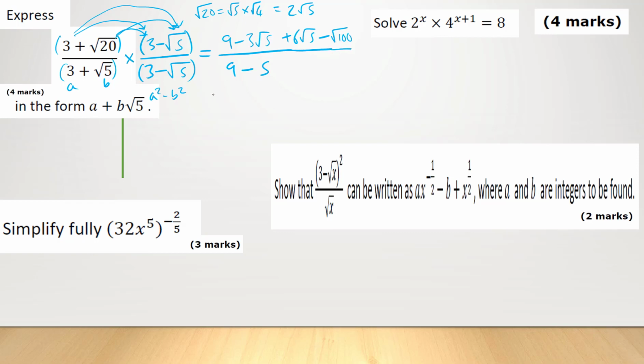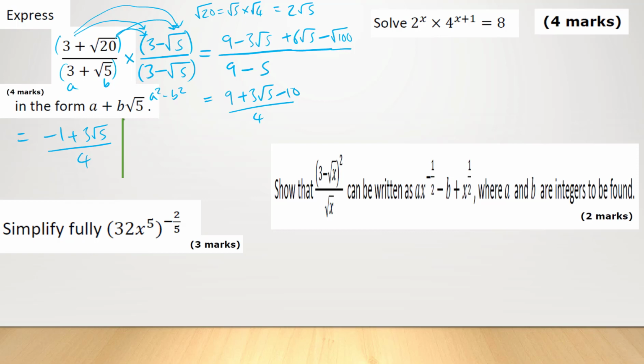So simplifying all of that, you're going to get 9 plus 3 root 5 minus 10 over 4. Now this is going to give us minus 1 plus 3 root 5 all over 4.